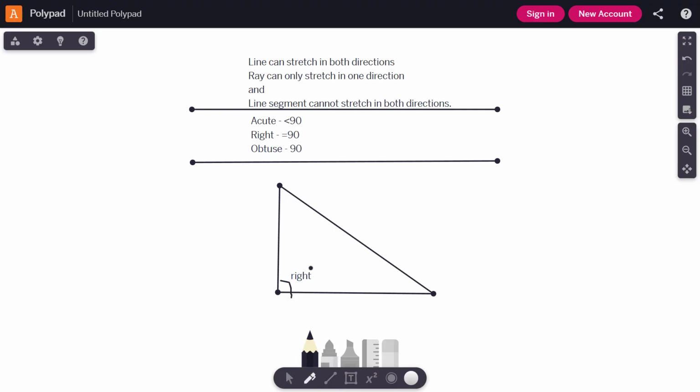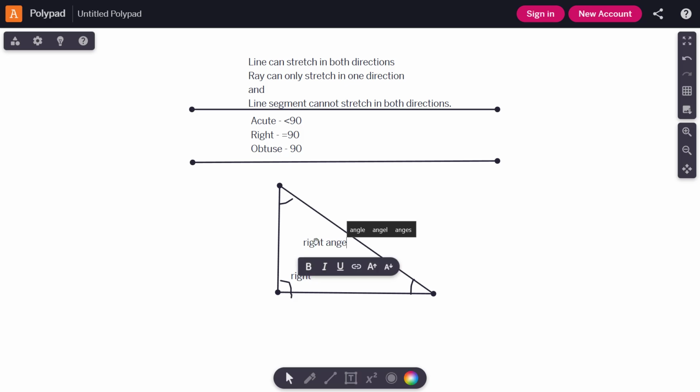So we have 1 right angle and 2 acute angles, obviously. That's a right triangle.